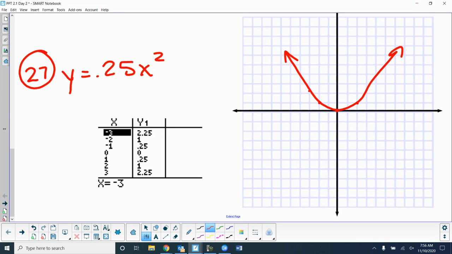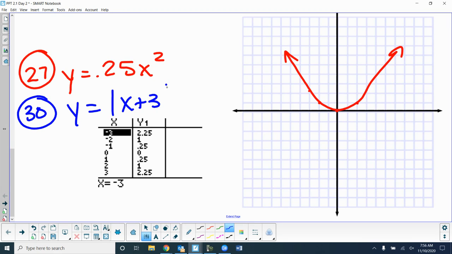30 was an absolute value. All right, y equals the absolute value of x plus 3 minus 2. Again, you can do that in your calculator. What's it supposed to look like? What did we say yesterday? A V, right?